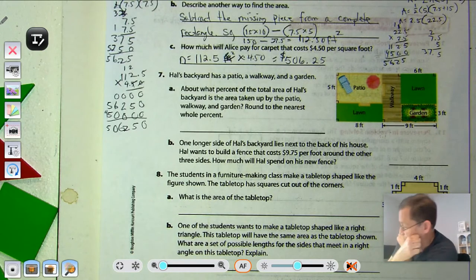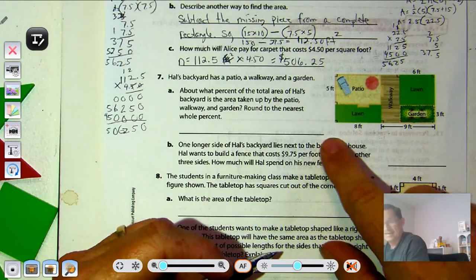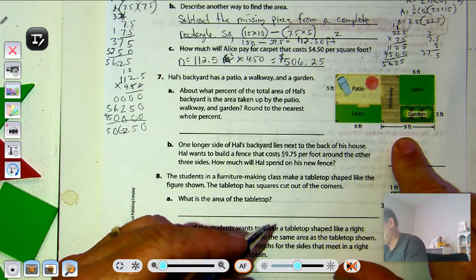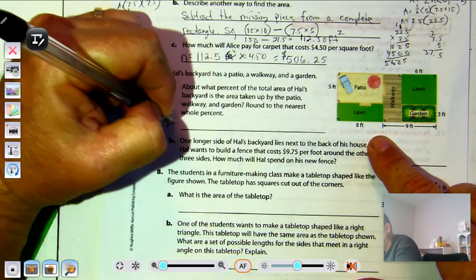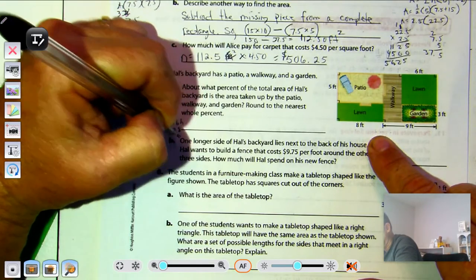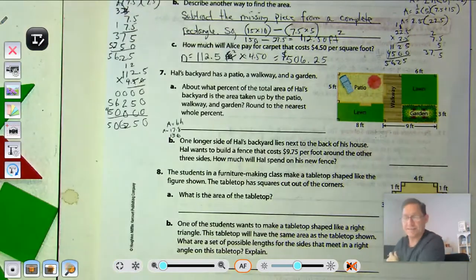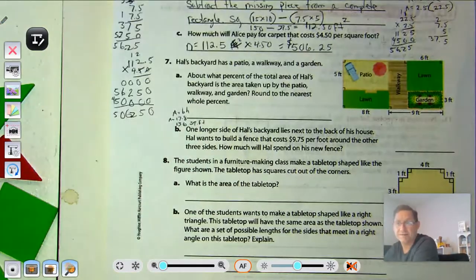The whole thing is 17 by 8. It's 136 square feet. So his whole yard is 136 square feet.